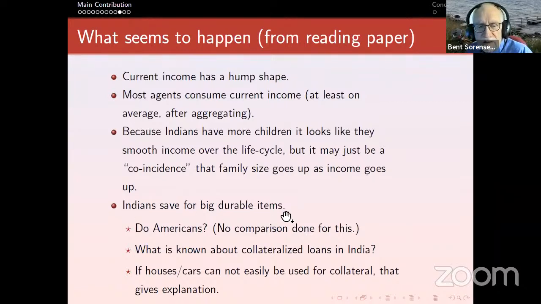What's more interesting, I think, is the savings for big durable items. So you do show one curve for savings, but that one you don't compare to the US. That might actually be more interesting. So again, what's known about collateralized loans? If houses and cars cannot easily be used for collateral, and you want a car, then you're stuck having to save early on in order to build up enough money to buy the car, right?